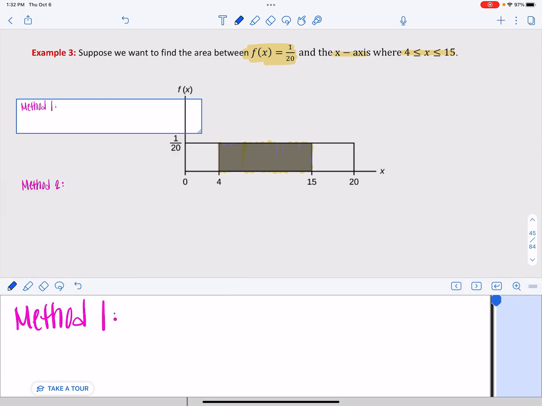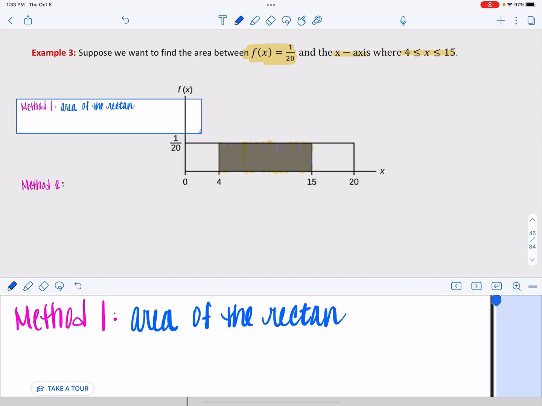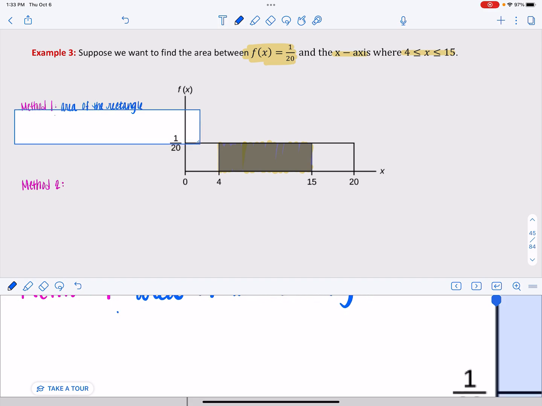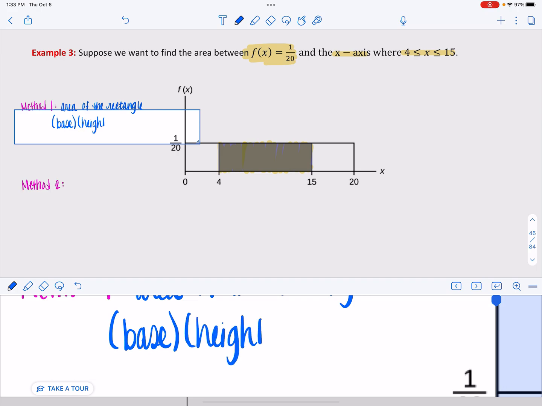Method 1 means we're finding the area of the rectangle. So we're going to do the base times the height.